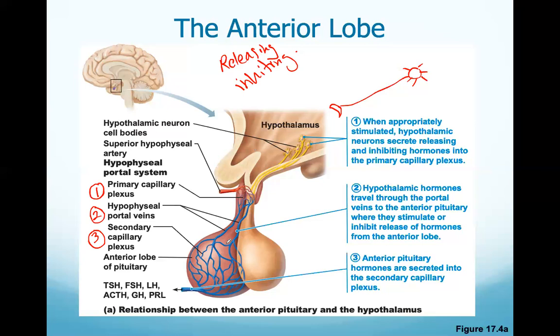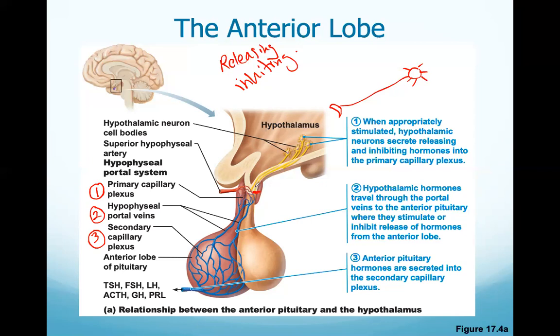So if I ask you, how does the hypothalamus control the anterior pituitary gland, what I'm looking for is: you're looking at neurons that have their axon terminal at the beginning of the infundibulum, which is right here.